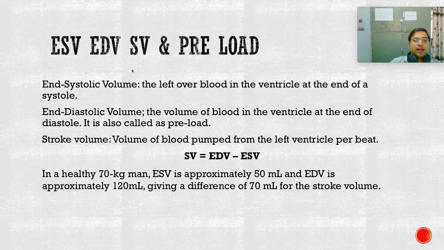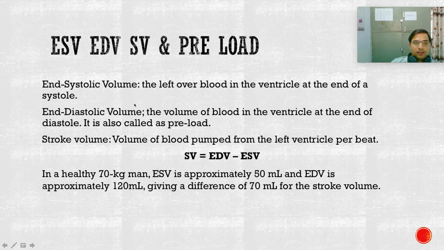Volume means blood volume we are talking about, and end systolic volume is the blood volume at the end of systole in the ventricles. So whenever the contraction or the pumping of the ventricles has ended, there is some leftover blood in the ventricles, right? And that leftover blood is called end systolic volume.